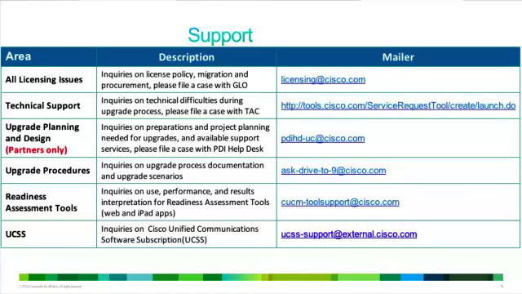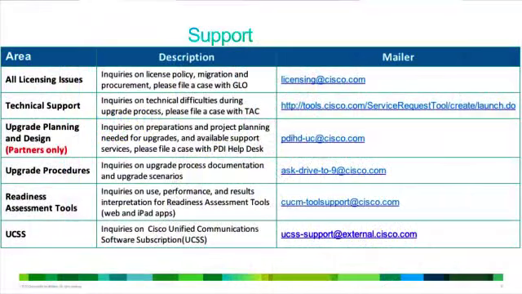Other than that, we always encourage customers to open proactive cases. If they're opening a case using the web case tool, the Service Request Tool, SRT, they can select a new sub-technology, which is Jump Upgrade to 9. That will direct the service request to the right expert who's already aware of the complete jump upgrade procedures, and will be the best suited person to help you out.